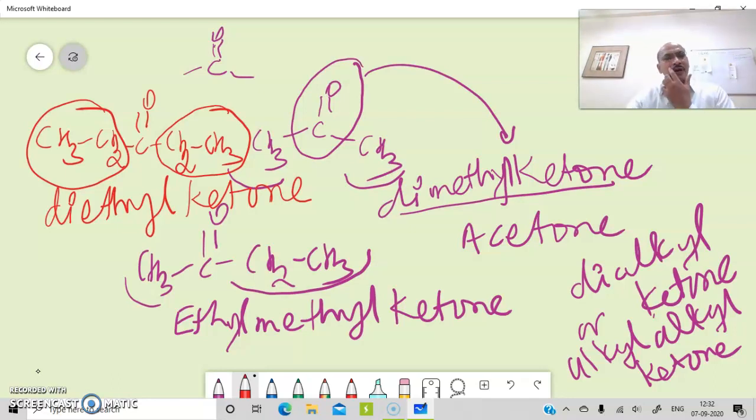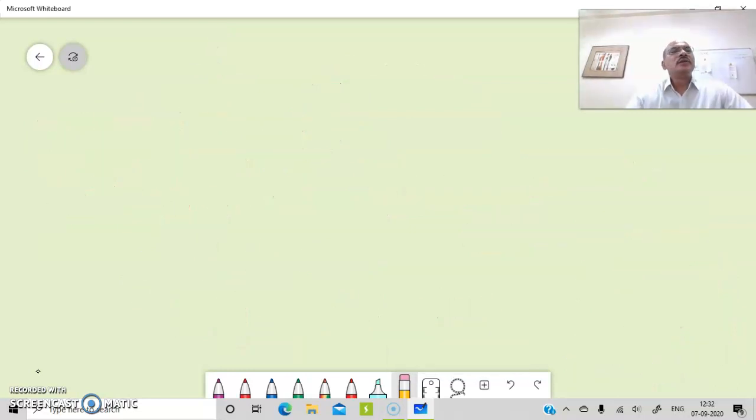Now, very important, that is the IUPAC system we will see. So for that, come to the next slide. Now here I am writing molecules. You know for ketone around C double bond O, there are two groups having carbon atoms. So here the molecule must be of at least 3 carbon atoms.